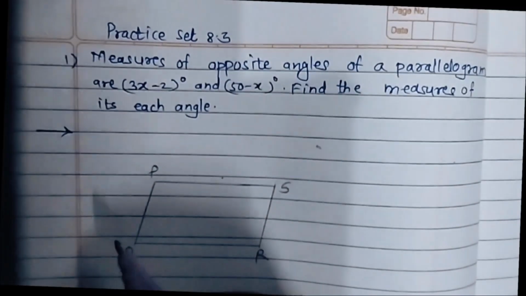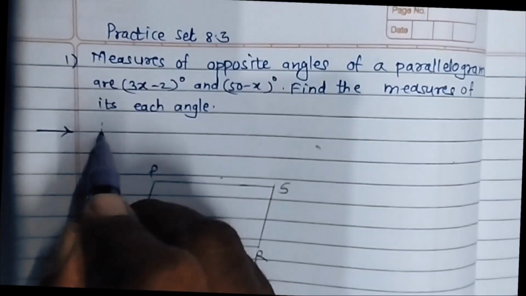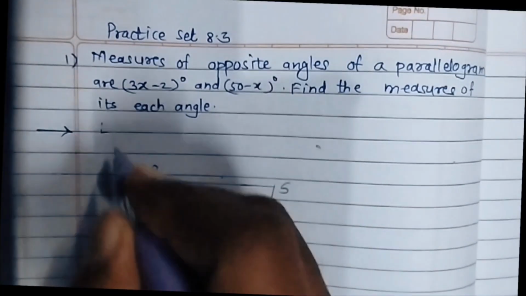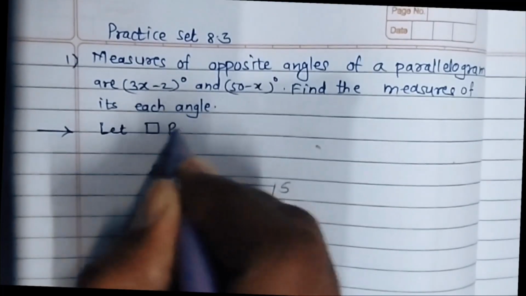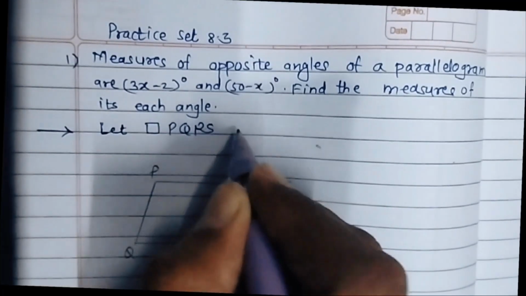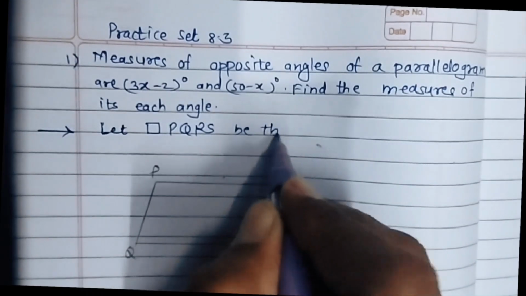Let us start solving this example. Let quadrilateral PQRS be a parallelogram.